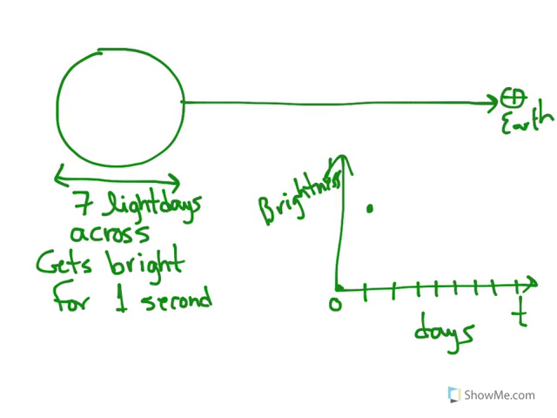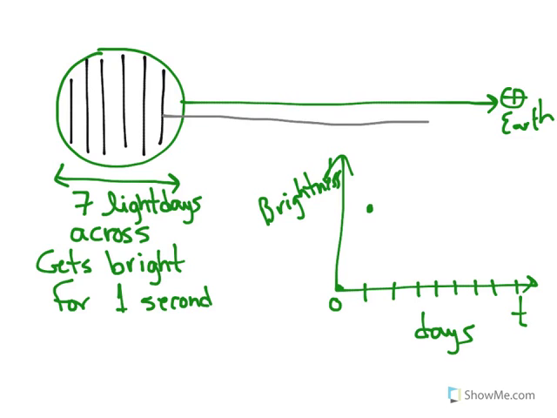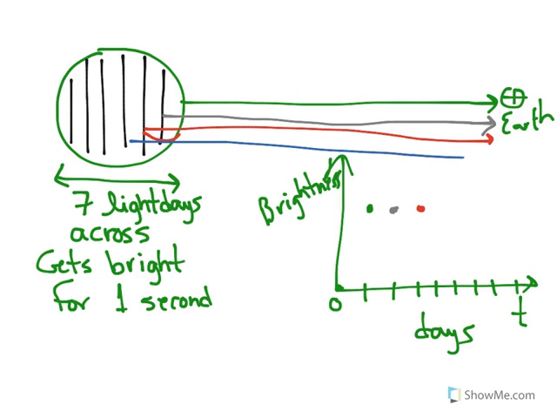Well, if we go in, try to divide this into 7 parts. This is going to be interesting. So 1, 2, 3, 4, 6, pretty good. So next day, we get the light that was 1 light day further in, so it had an extra day to travel before it reached us. The next day, we get the light that traveled 2 light days to get to us. Then we get the light that took an extra 3 days to get to us.